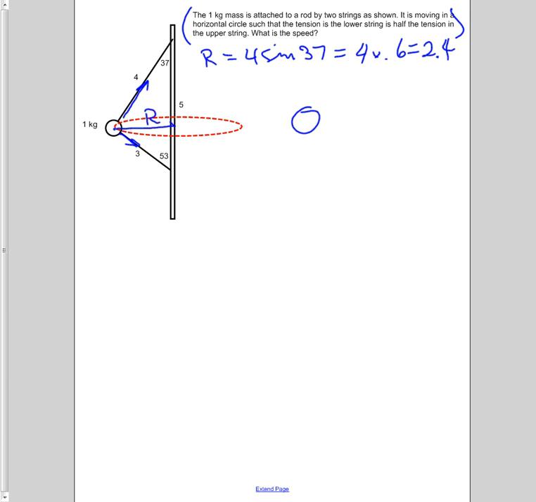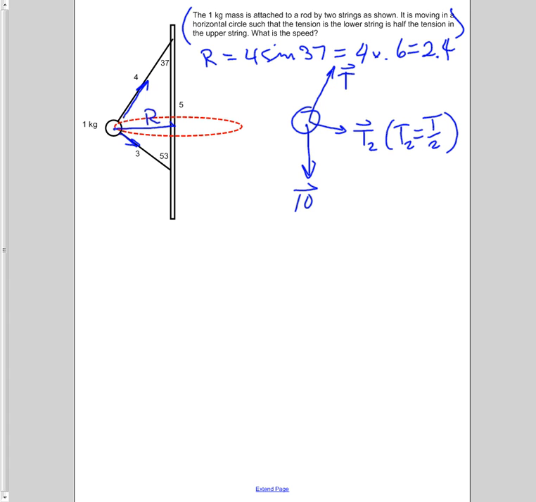And the problem is to find out how fast the 1 kilogram object is moving in its circle so that the tensions have this ratio. So all the forces on our object are its own weight, which is 10 newtons, a tension in this direction, which we'll call T, and a tension in this direction, which we'll call T2, and T2 has the magnitude of T over 2.